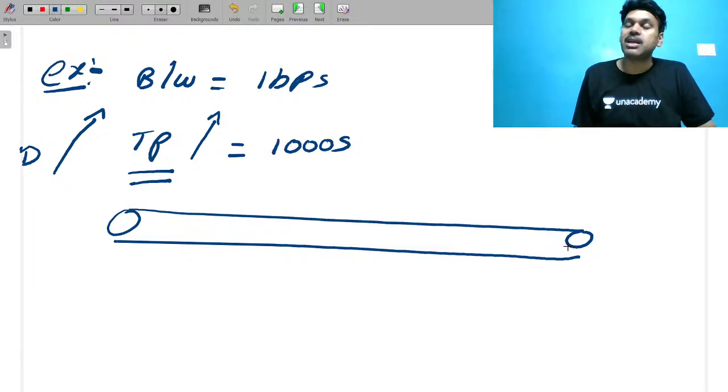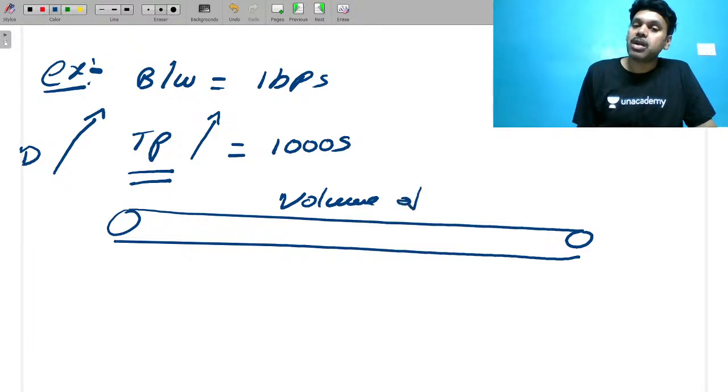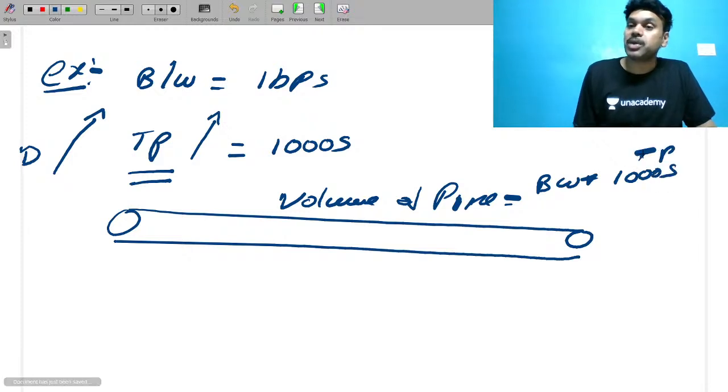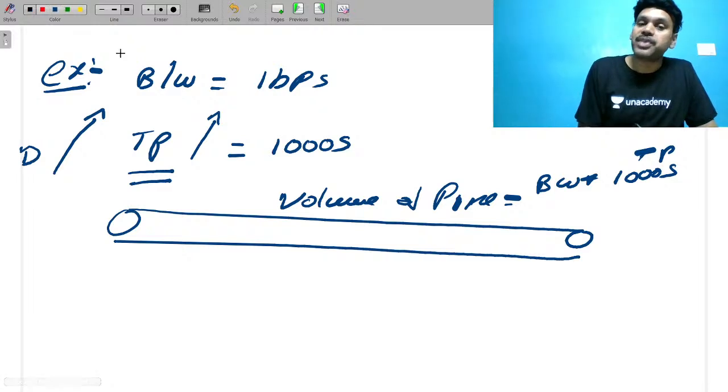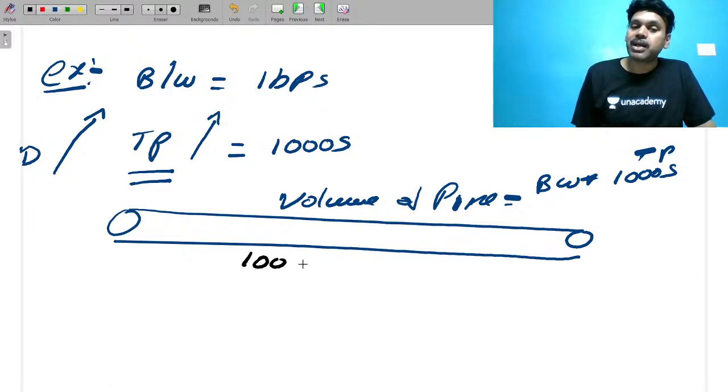Your medium is enlarged such that you can see more bits. What is the volume of the pipe? The volume of the pipe is nothing but your bandwidth into your 1000 seconds, which is TP. I'm talking about half duplex only. So how many bits can I fit in this? 1000 bits. In this, completely 1000 bits are filled.